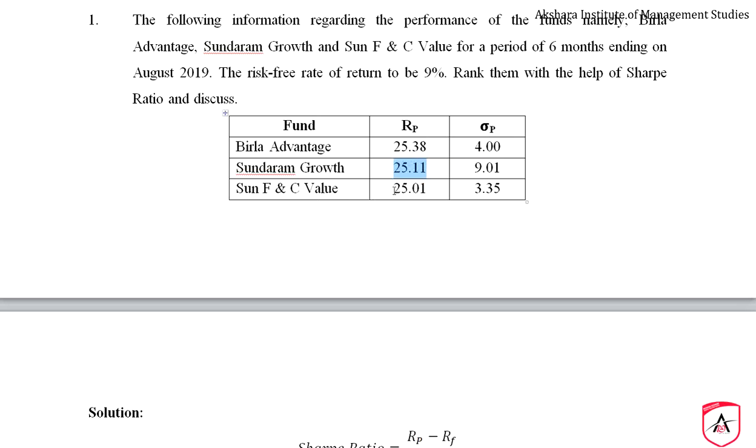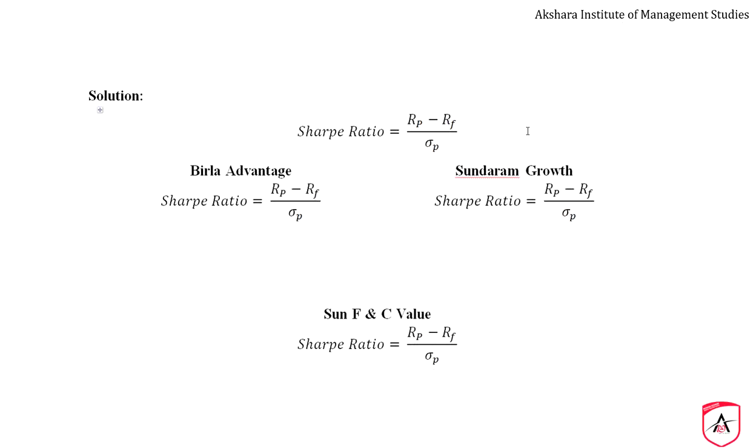Sun FNC Value gives a return of 25.01, whereas the risk is 3.35. Let us move forward. We have the same formula: Sharpe ratio equals RP minus RF divided by standard deviation P. RP stands for return on portfolio, RF stands for risk-free rate of return, and standard deviation P means risk of the portfolio. First we have Birla Advantage.